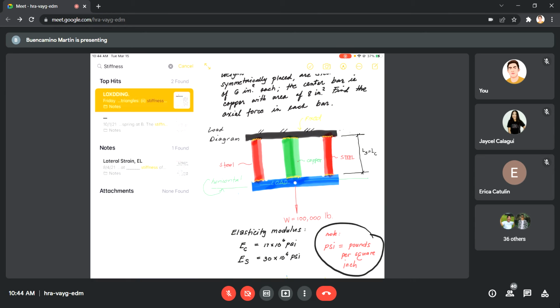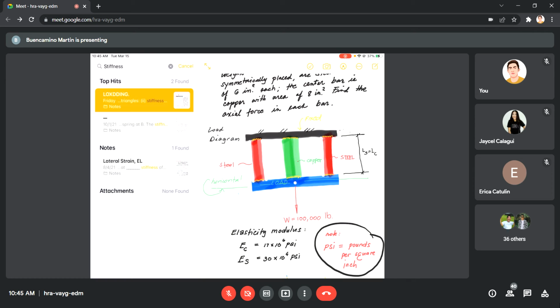Sa copper, this is 17 times 10 raised to 6 pounds per square inch. Doon sa steel naman, is 30 times 10 raised to 6 PSI. Ibig sabihin ng PSI, class, we're using the English system of units. Paminsan-minsan ay magkakaroon din tayo ng mga problems using the English system of units, baka lamang makalimutan nyo.